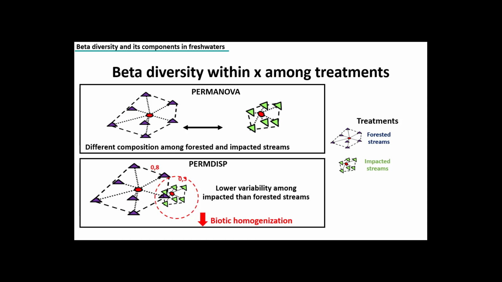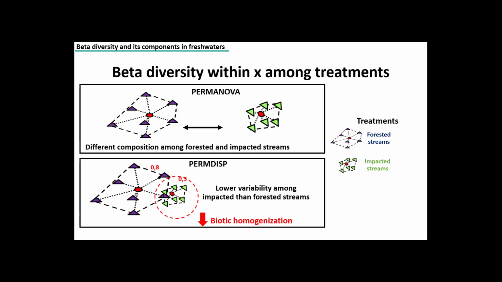Below, using PERMDISP, we can investigate if the species variability, measured as the mean distance of each site to the centroid, here's the centroid, is different among treatments. We can try to investigate the species variability.